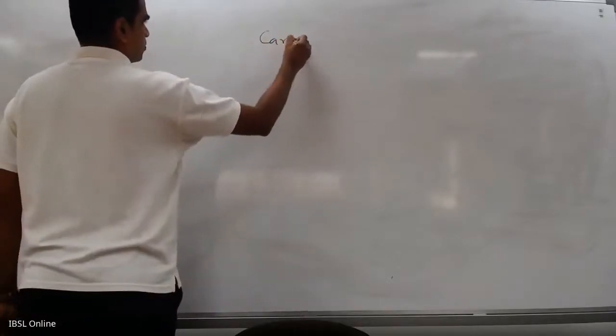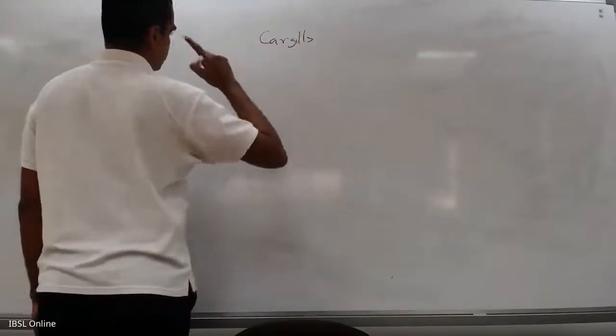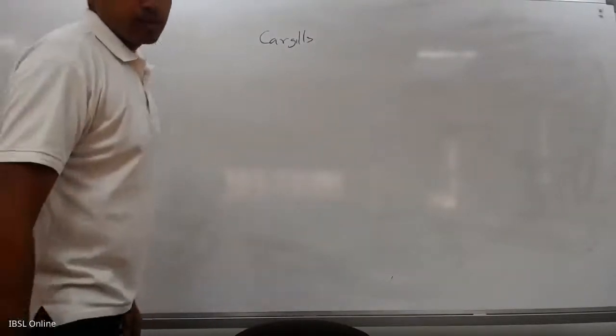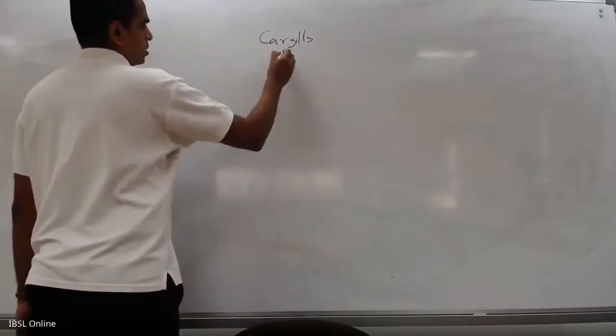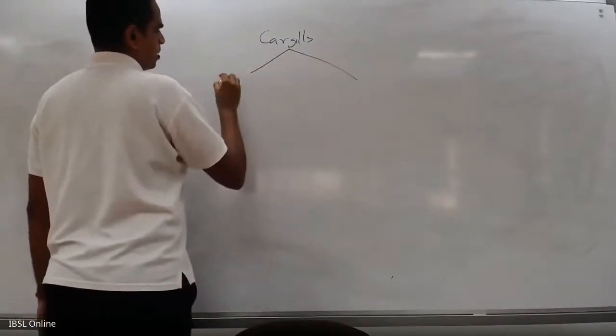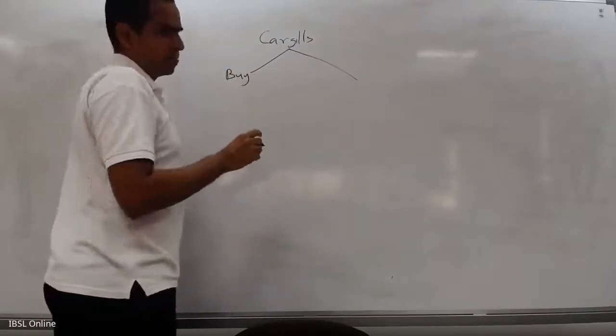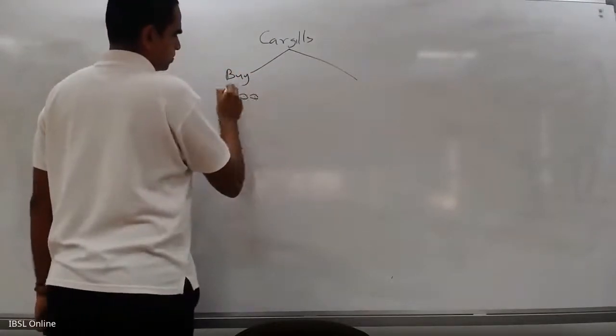Right, so let's go back to the Cargills and the mango example. Cargills was the market maker, if you all could recall. They will buy mangoes from the plantation at 100, right?